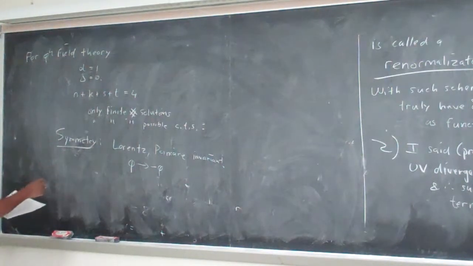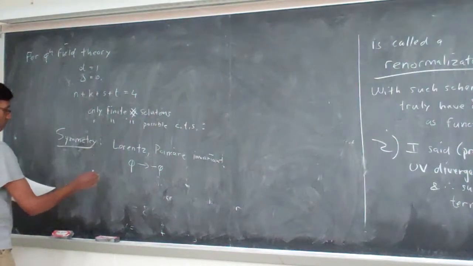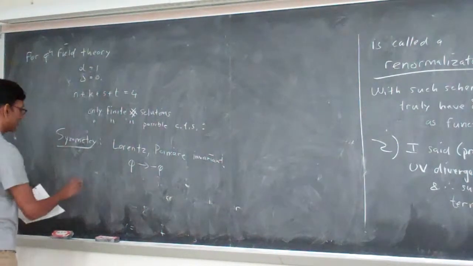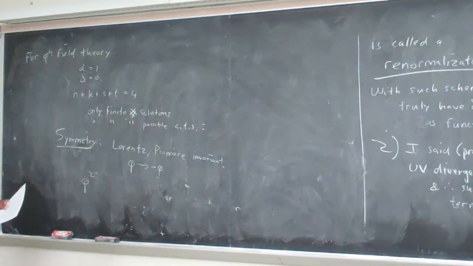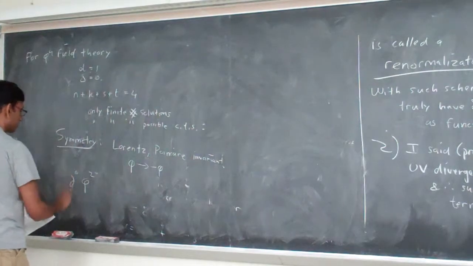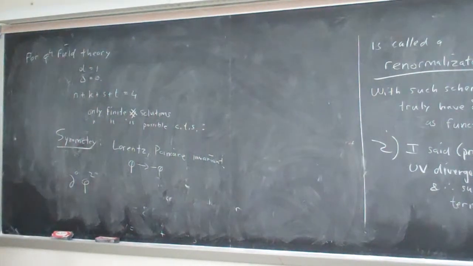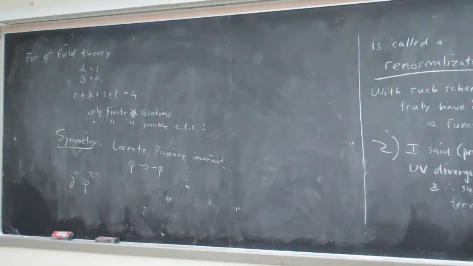Now this will restrict us to the following possibilities. You must have at least some power of phi, so you can have two powers of phi, and you can have no derivatives. And guess what? We see a term like that there.